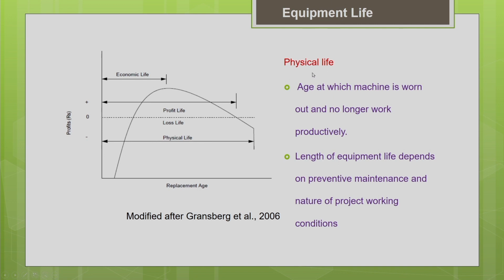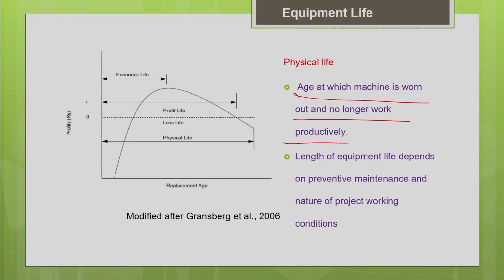When is the end of the physical life? It is the age at which the machine is worn out and no longer works productively. We say the machine life has come to an end. The machine is totally worn out and its productivity is very poor.